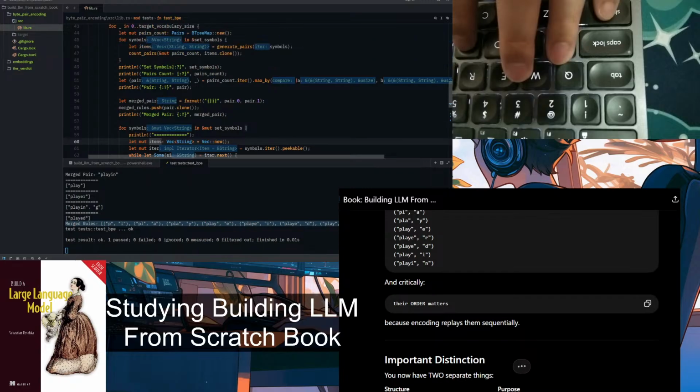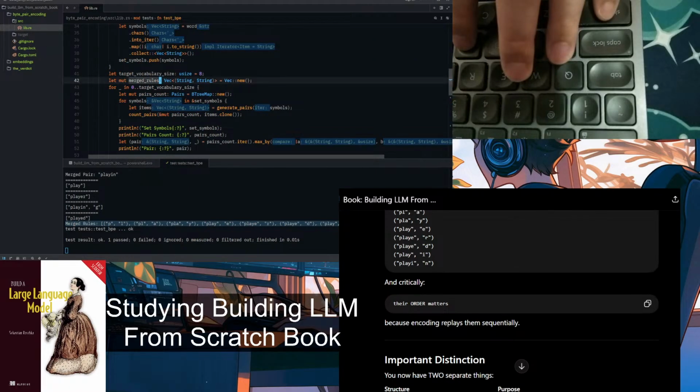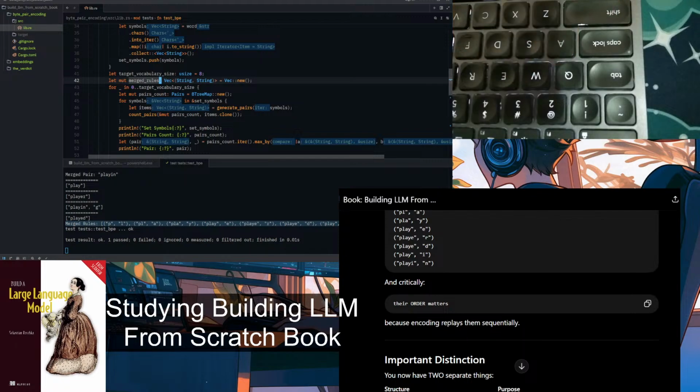Yep, so I think the order is already okay since I'm using a vector. I'm currently in the book, on the tokenization topic, and I'm exploring the different methods of tokenization.